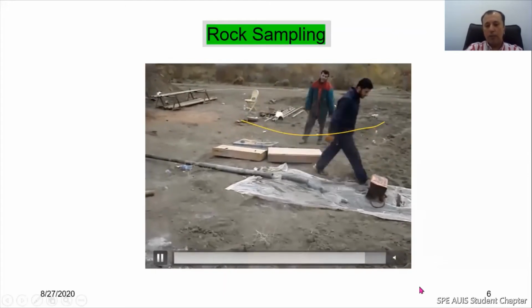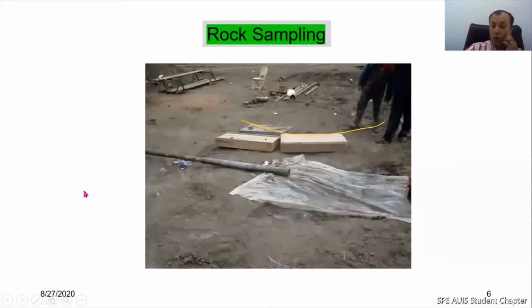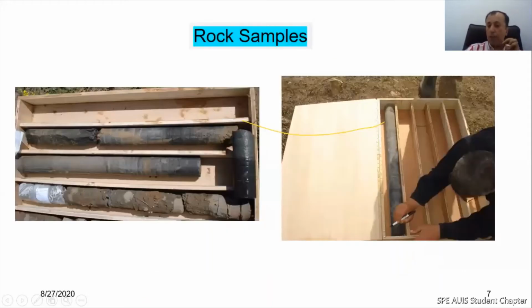And then later on, we have to transfer the samples, the rocks that we have taken out from the ground, to the lab to make some important tests. Later on, we'll see why those tests are important. This is a type of rock. One of the most important parameters you are gonna test in the lab is to measure the porosity and void ratio.